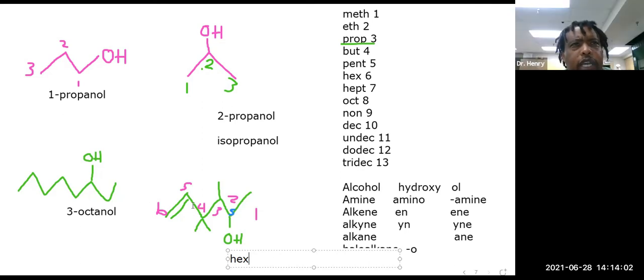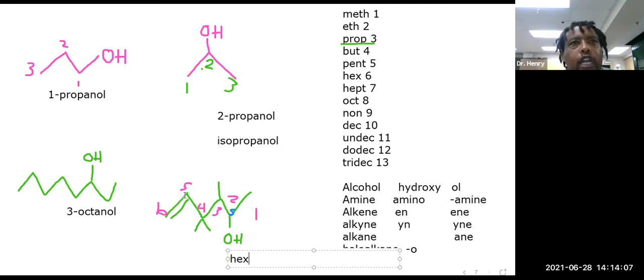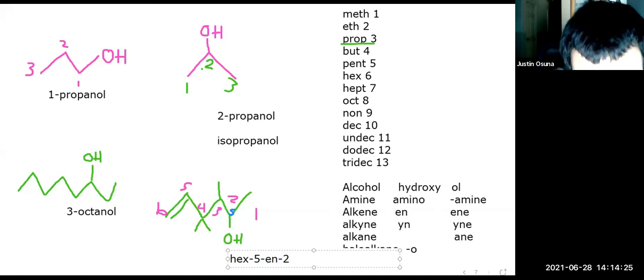Where's the double bond located? Right here between the 5 and the 6. So if I was counting for that double bond, I want to put that here and then put ENE. And then where's my alcohol located? Right here where the 2 is. That's right.